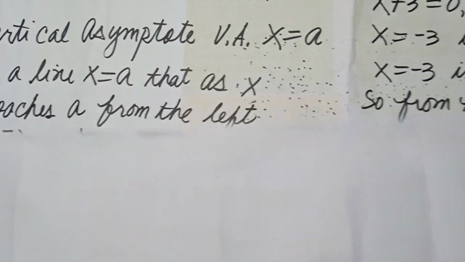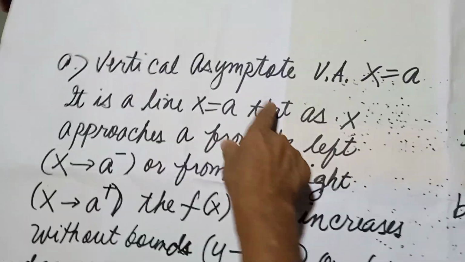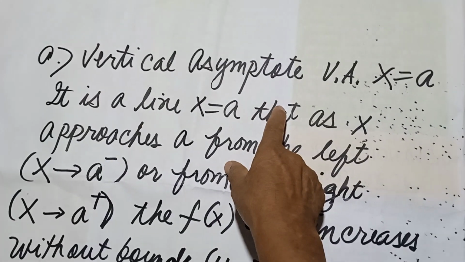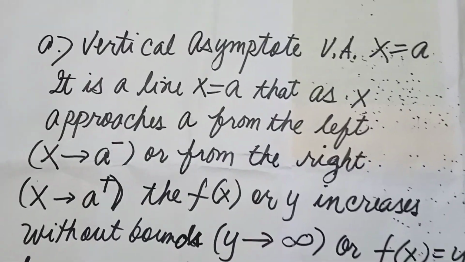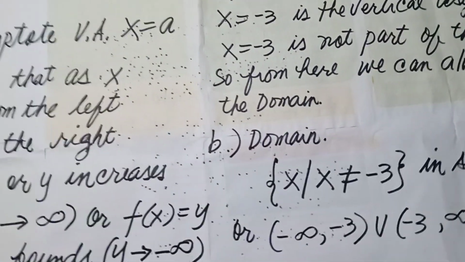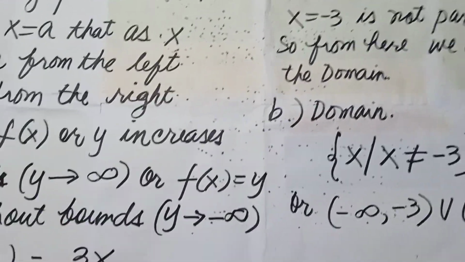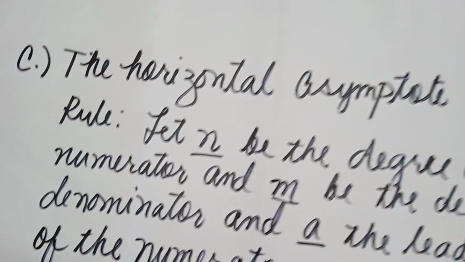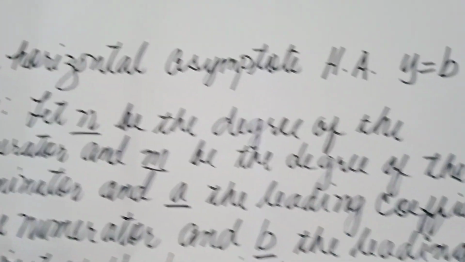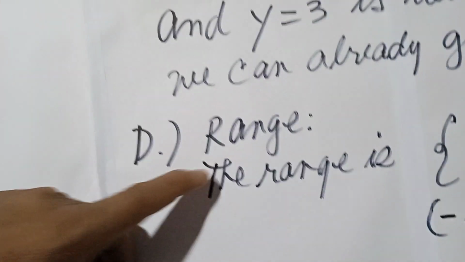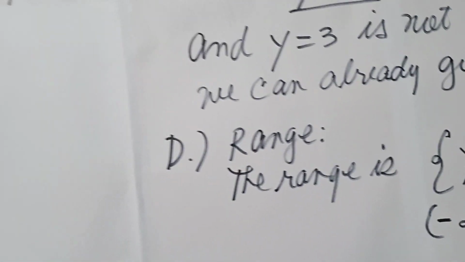The first part is the vertical asymptote and the domain, then the horizontal asymptote, and the last is the range. So let's start with the vertical asymptote.